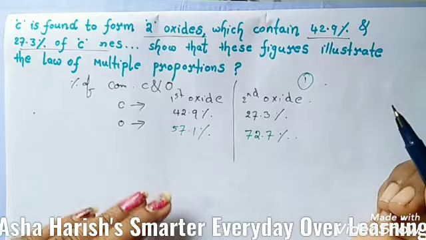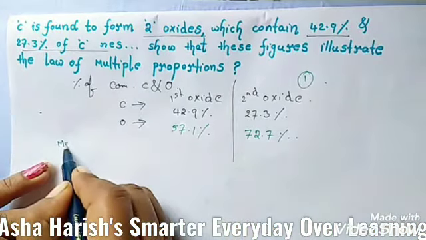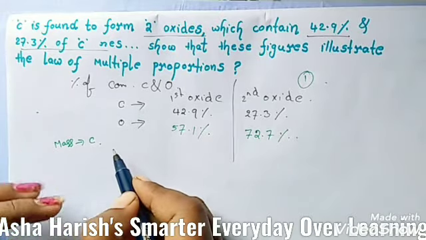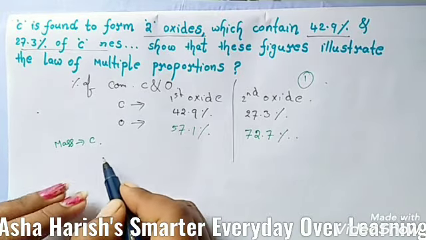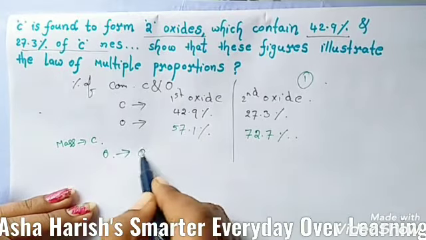In step 2, what we have to do is calculate the masses of carbon which combine with a fixed mass, that is 1 part by mass of oxygen, in each of the 2 oxides.